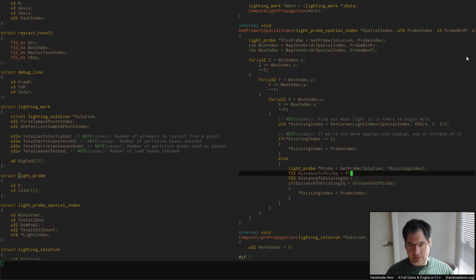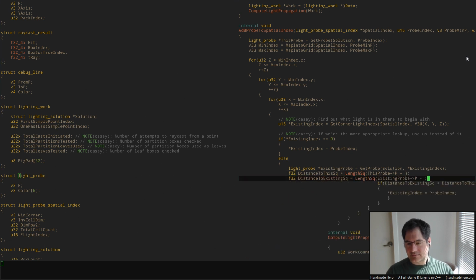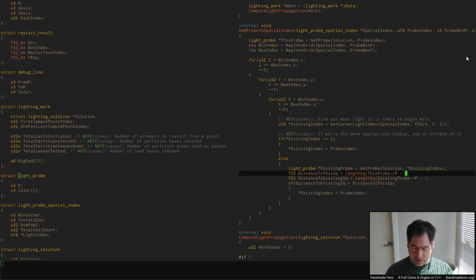So I would just say, well, okay, I know the distance to this probe is this probe. Maybe this is the existing probe. So in both cases, I know the location. So all I need to do is take the length squared of the vector between the place I want to measure for closeness and the position of the probes.